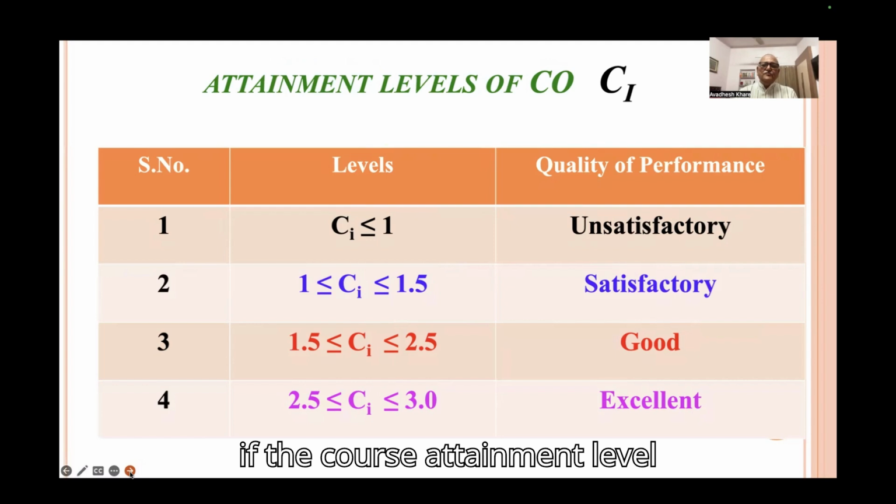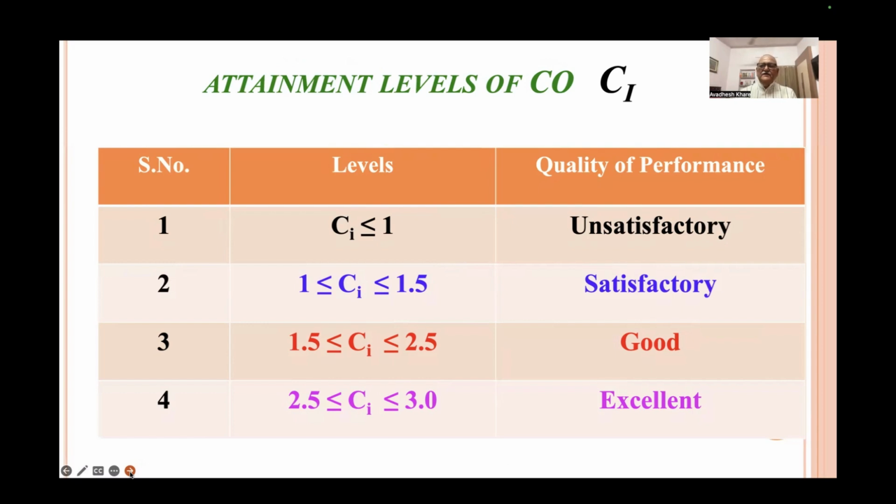So if the course attainment level CI is less than 1, the quality of performance is unsatisfactory. If it is between 1 and 1.5, it is satisfactory, level 2.